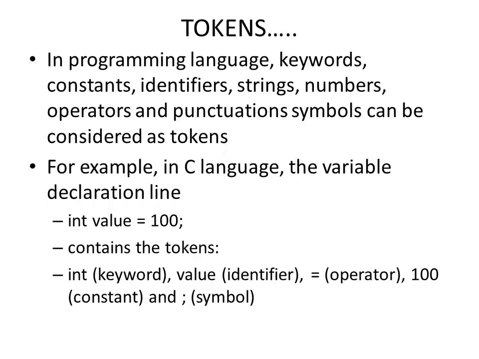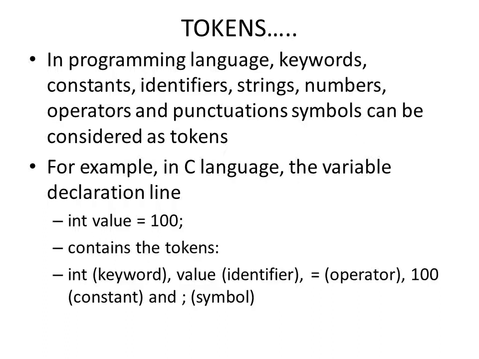Value is a variable, which is represented as an identifier, and the equal to symbol is represented as an operator, and 100 is represented as a constant, and the semicolon is represented as a symbol.